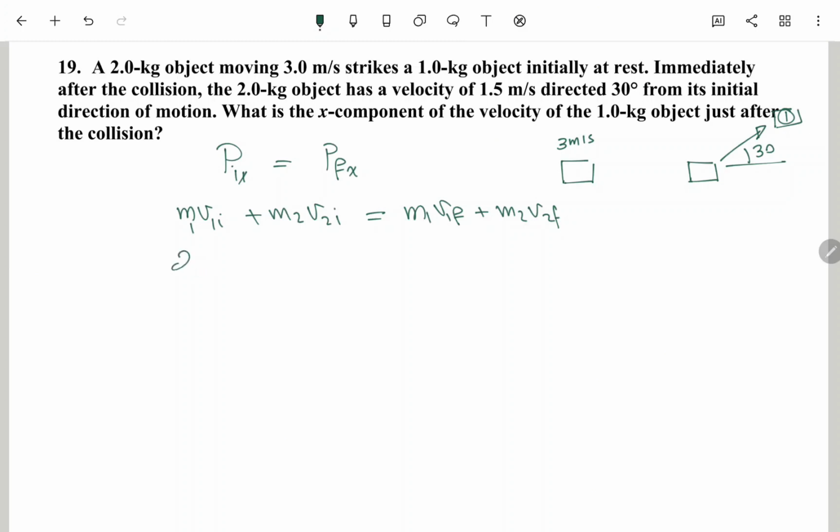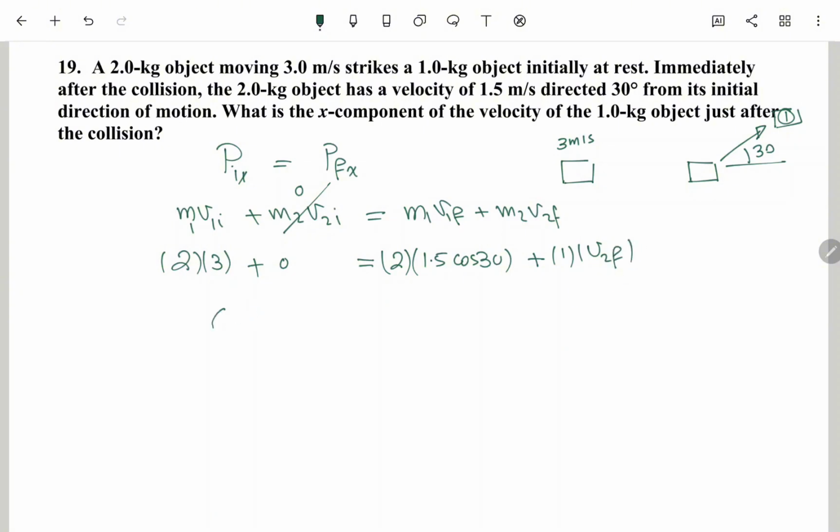In this case, 2 times 3 plus 0, because the object is initially at rest, equals M1, which is 2, times V1 final x, which is 1.5 cosine theta, plus M2, which is just 1, times V2 final, that's what we are trying to find.